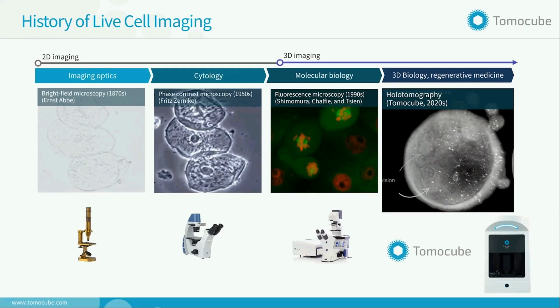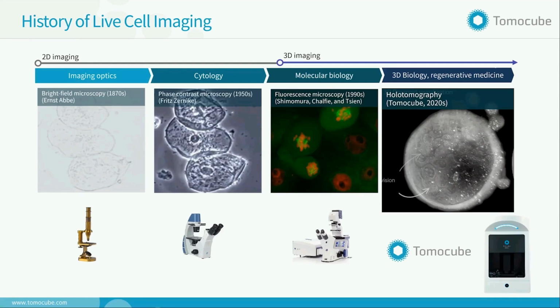So now you have great molecular specificity, and you can see where specific proteins are located in live cells. But still you have to worry about the effect of the staining or of introducing fluorescent proteins. The genetic modification, photobleaching, and phototoxicity are the major bottlenecks. And more importantly, those modified cells cannot be used for therapeutic applications.